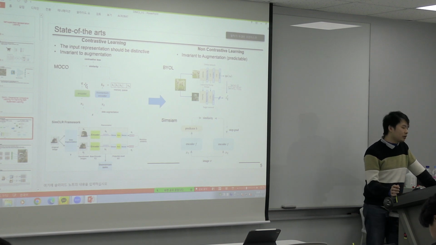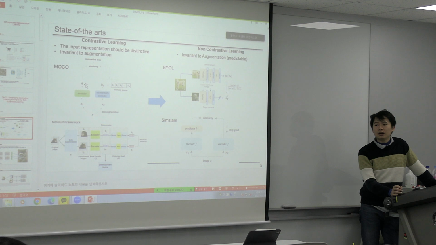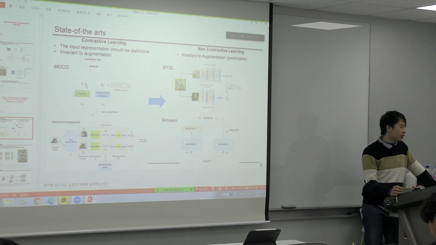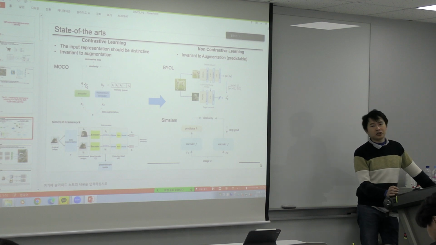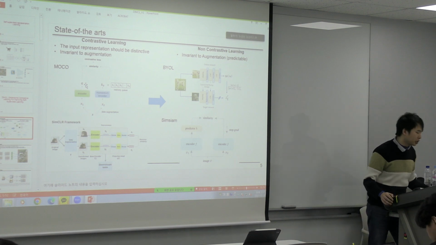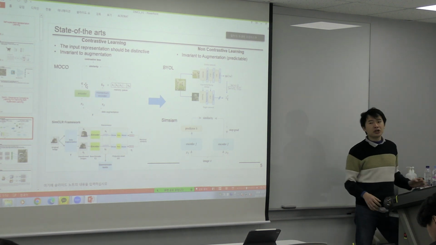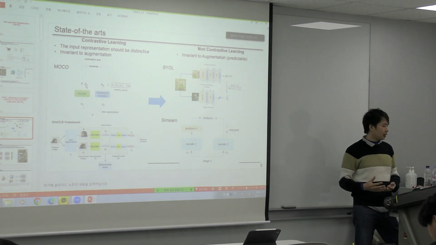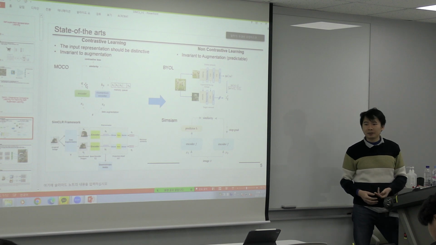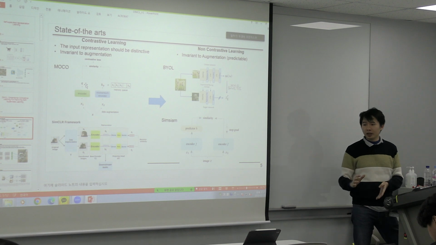In contrastive learning, the main inductive biases are that the input representation should be distinctive among instances, and it should be invariant to augmentation. For example, if we get an input image and we augment it, it still contains the same information, and the feature representation is nothing but the information about the input image.